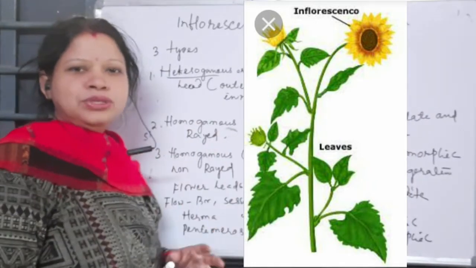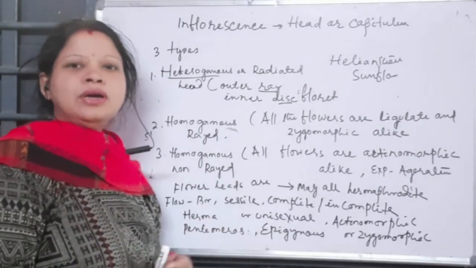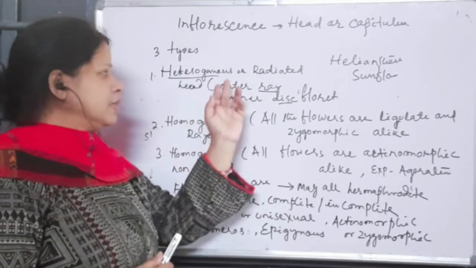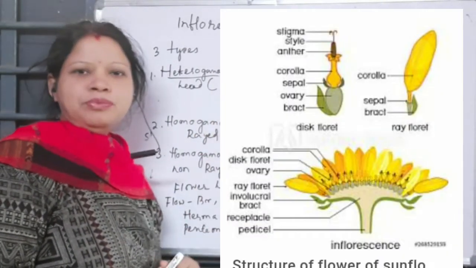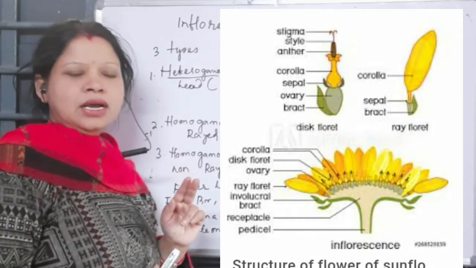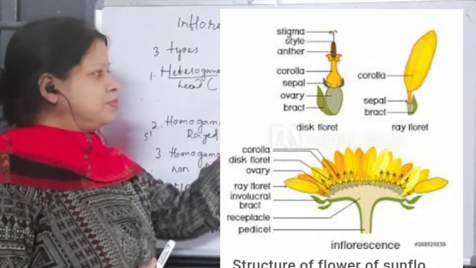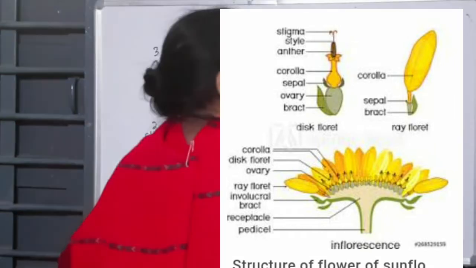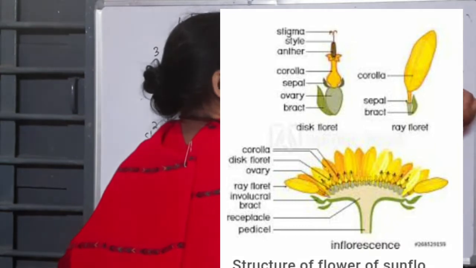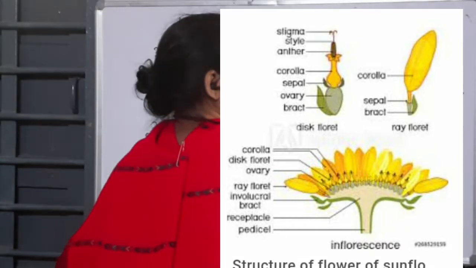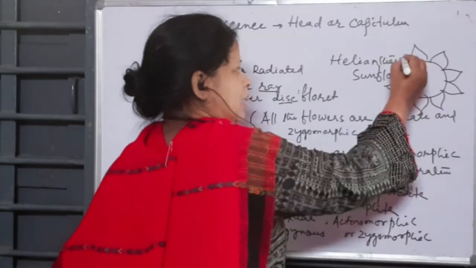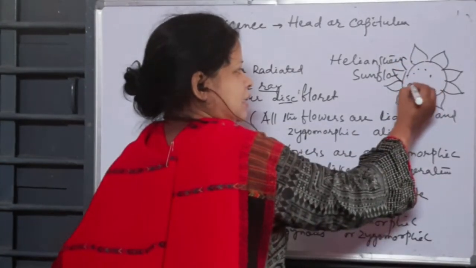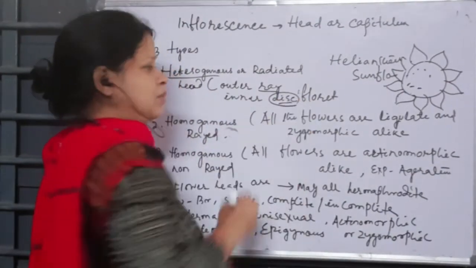Means head or capitulum that consists of many flowers, and in this heterogamous head or capitulum, two different types of florets are there. One is ray floret, which is present towards the periphery. This is the flower. So these are the ray florets having yellow colored petals, and at the center there is presence of disc floret.